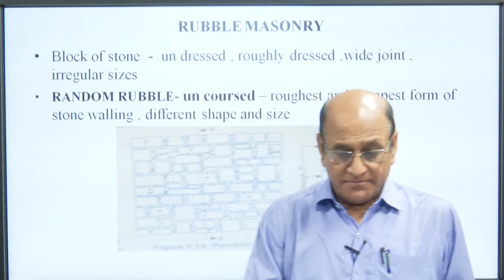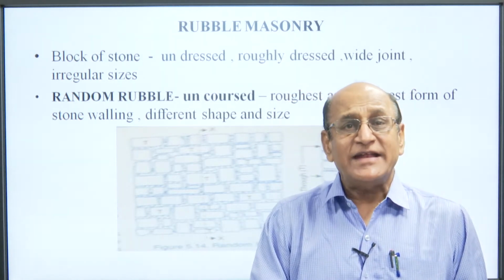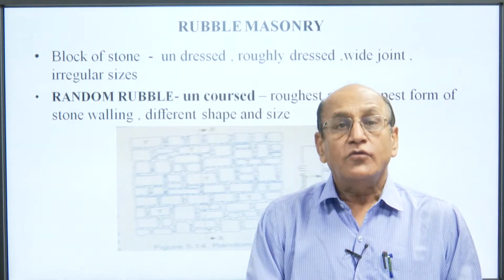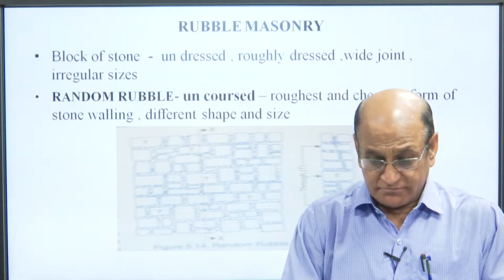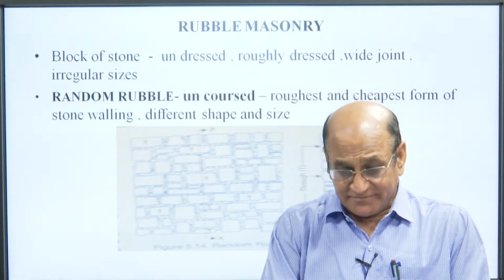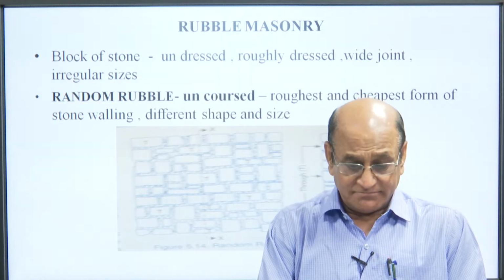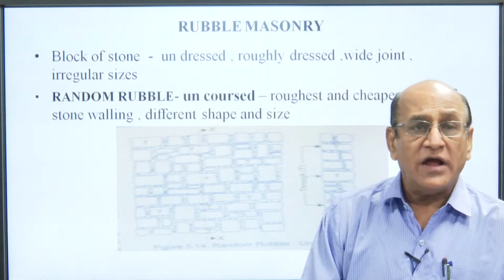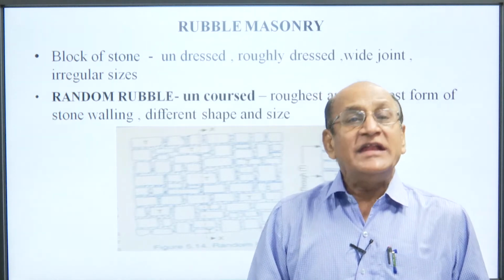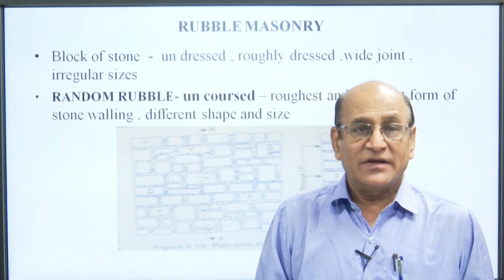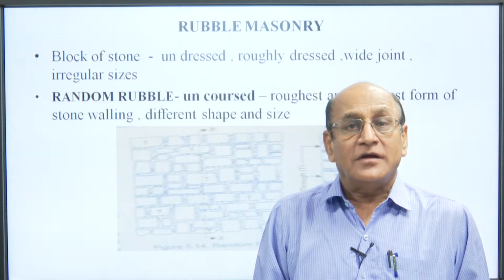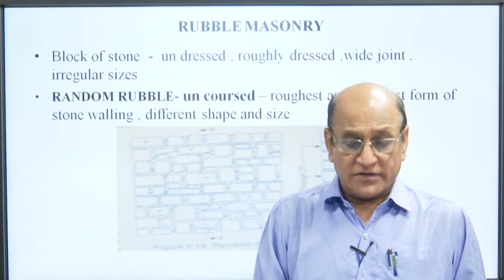Now, rubble masonry. Rubble masonry is nothing but blocks of stone which are undressed or roughly dressed, with wide joints and irregular size, meaning stone available in its natural state. These stone blocks are used for masonry work.